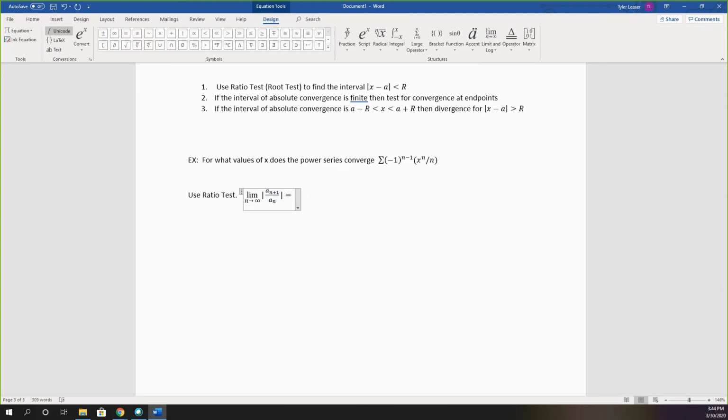So for us, this is going to be the limit, and then just writing in the n plus 1 term here, my numerator will end up being (-1) to the n times x to the n plus 1, divided by n plus 1.